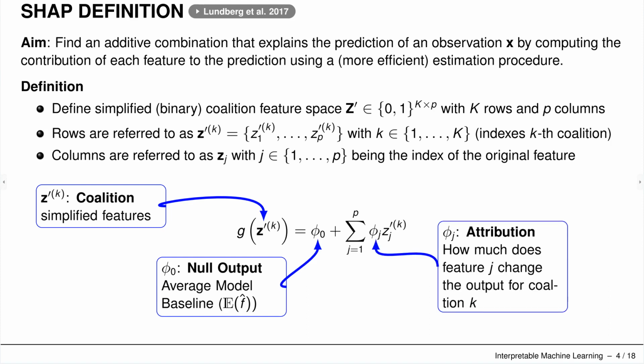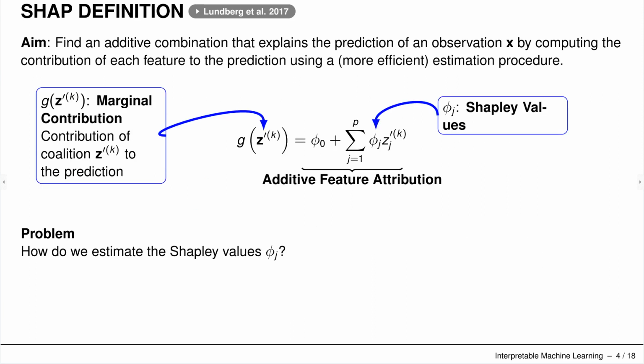And here we have the attribution, so how much does feature j change the output for coalition k? And the left-hand side here is now the marginal contribution of that coalition z prime k, so the marginal contribution of that row in that capital Z matrix. And here on the right-hand side, we'll find again the Shapley values, and together that's an additive feature attribution.